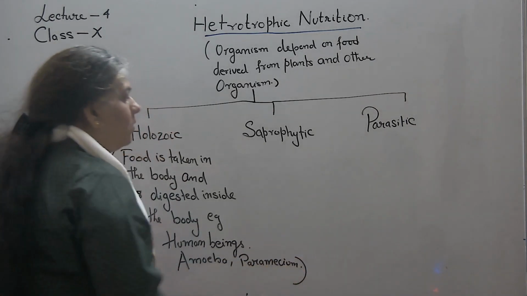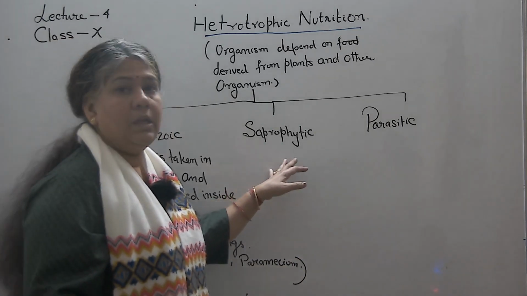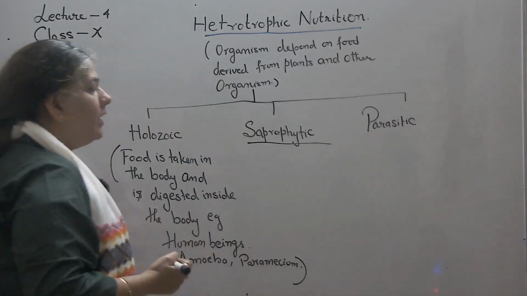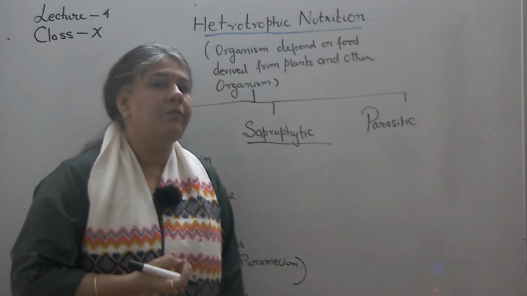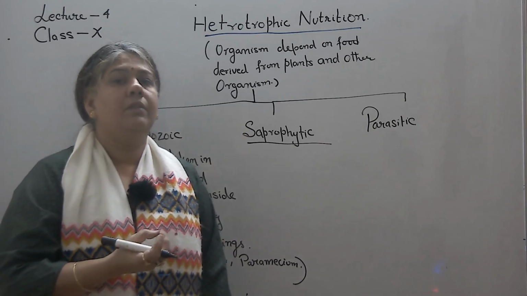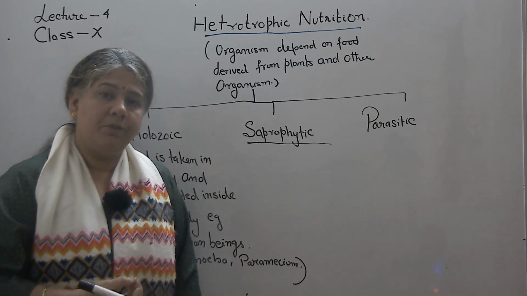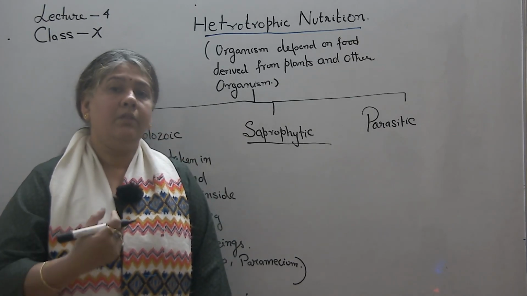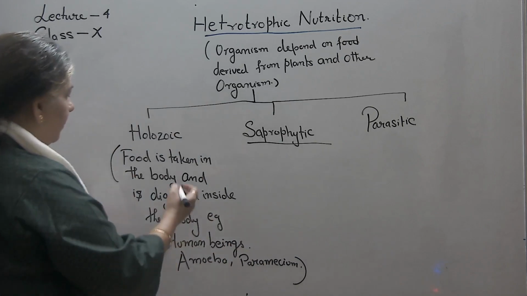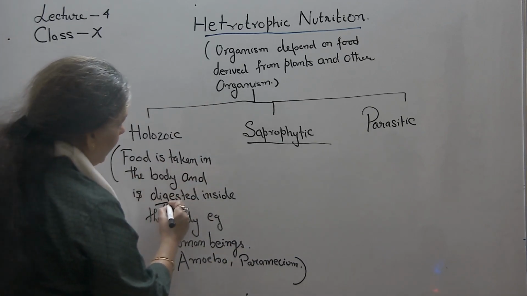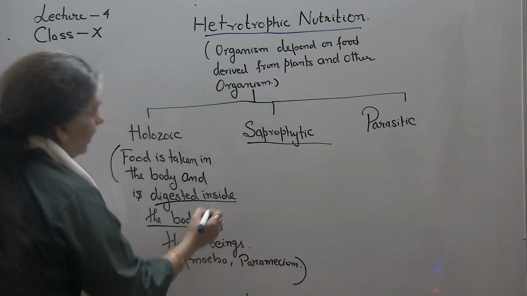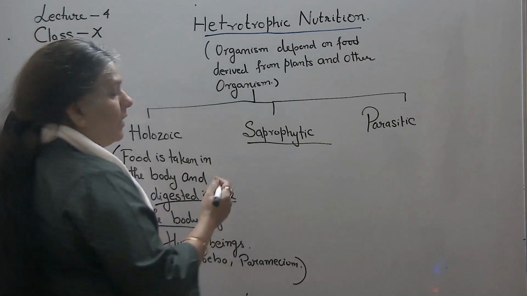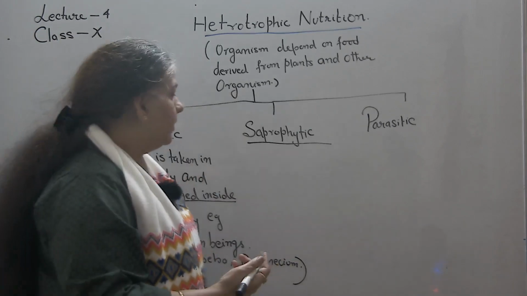In the saprophytic mode, the organism feeds on dead remains of other organisms. So how do saprophytes obtain nutrition? They first release chemicals called enzymes onto the substrate or the food, which is digested outside the body and then absorbed inside. So the basic difference is that in holozoic nutrition food is digested inside the body, and in saprophytes food is digested outside the body and that liquid form of food is then absorbed.